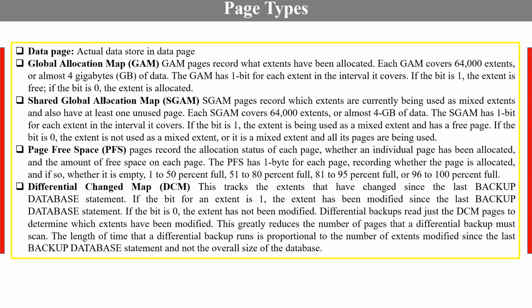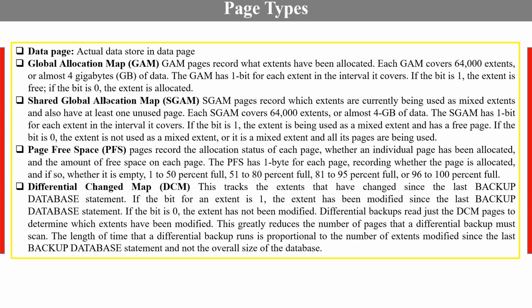If the extent is consumed with data, it will make it 0. If the extent is not utilized, then by default it will be 1. That is how SQL Server maintains it internally, sir. Everything is internal; you are not seeing anything outside.